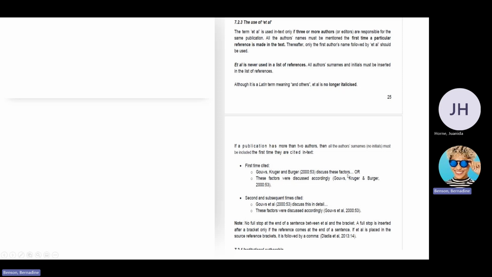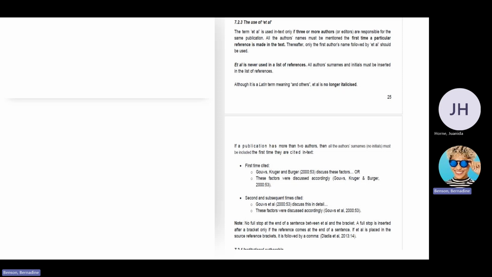That's when it forms part of the sentence. If it's at the end of the sentence, it's Gous, Creer, ampersand, Burger, with a date and the page. But after this, it should read Gous et al. And inside the bracket, Gous et al., comma, space, 2000. So you have to make note of that differentiation.